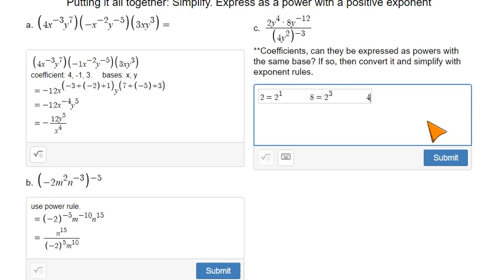And 4 is equal to 2 to the power of 2. Now I'm just going to rewrite this expression with these coefficients in power form so that I can simplify it using my exponent rules.